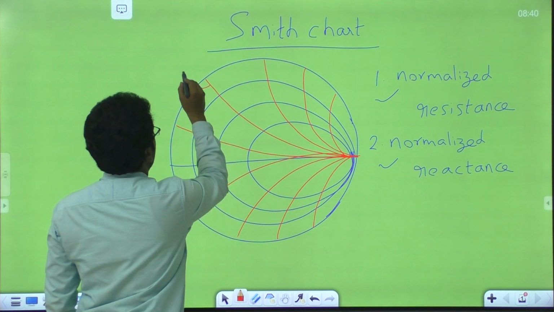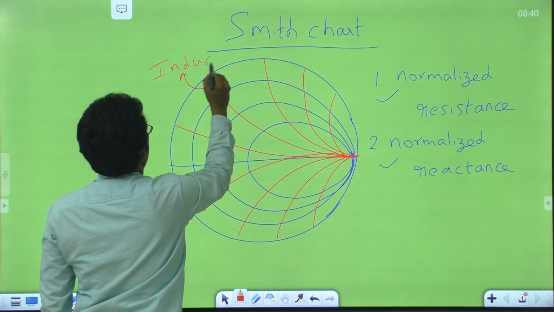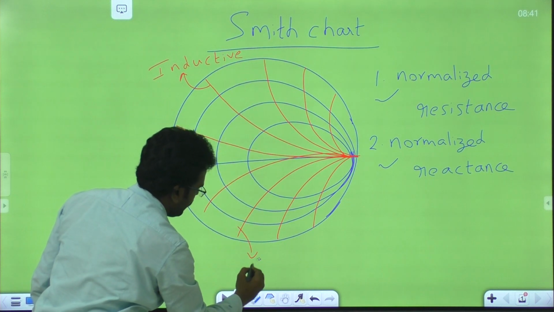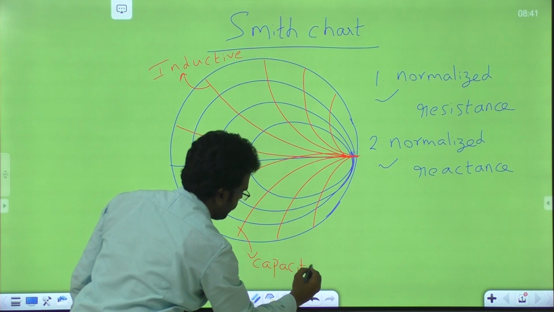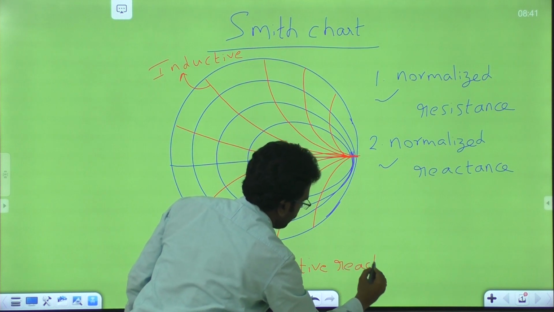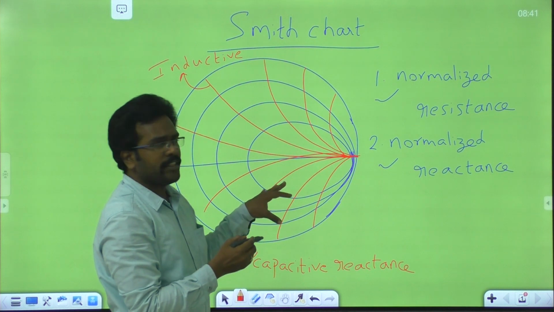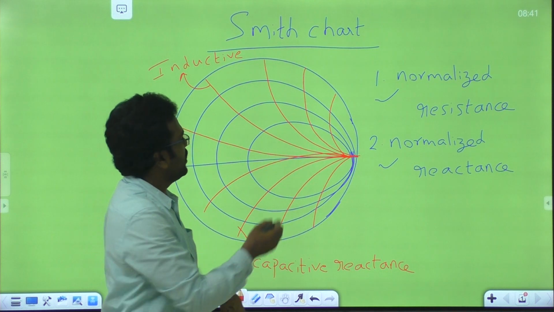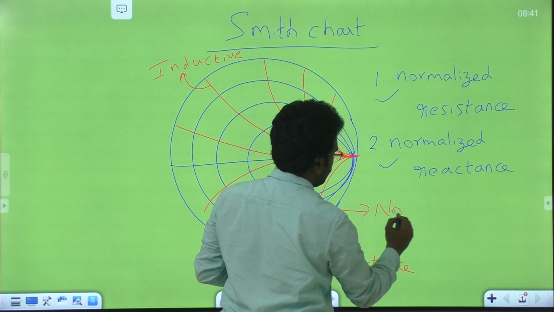This is for inductive reactance. It indicates inductive reactance, and this indicates capacitive reactance. Since we are drawing the circles using the normalized resistance and reactance, this Smith chart is also called the normalized Smith chart.